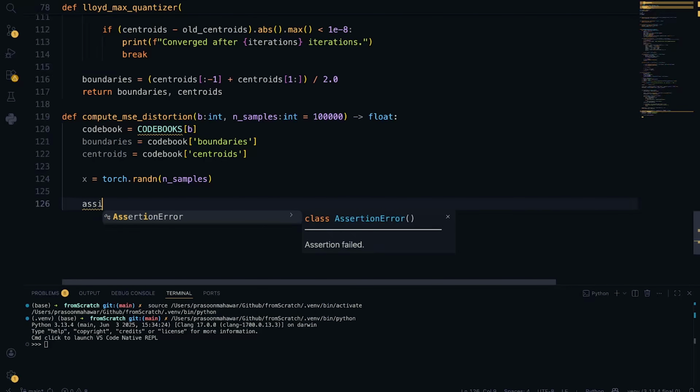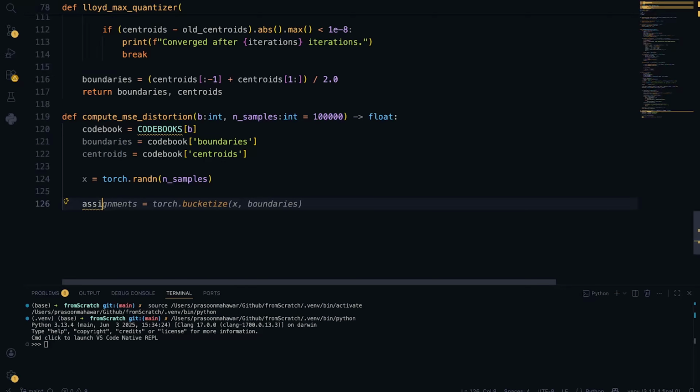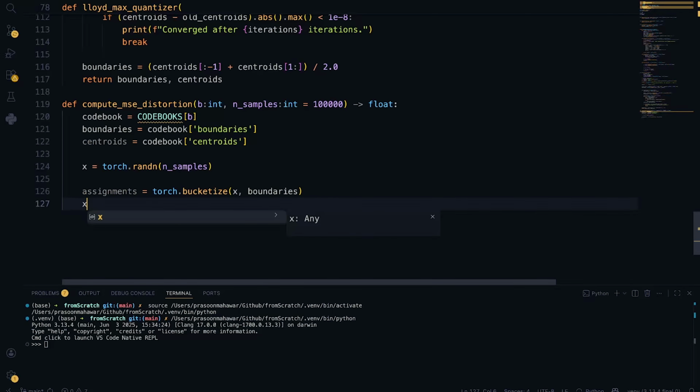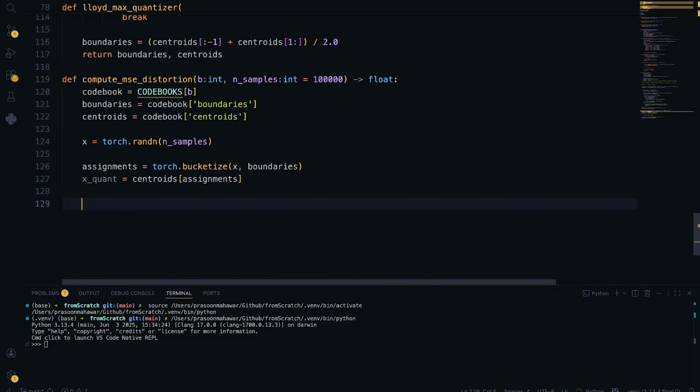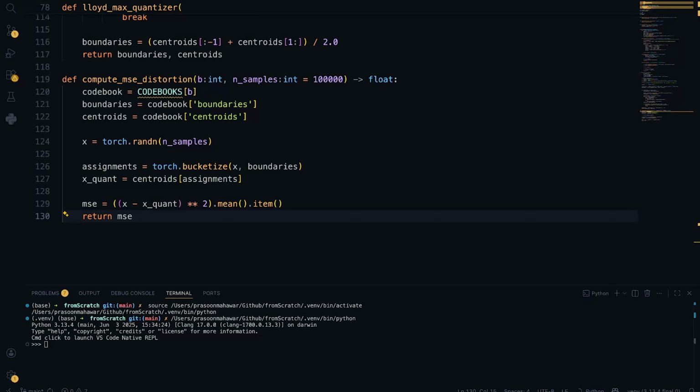So assignments will be equal to torch.bucketize of x comma boundaries, and the quantized value, let's say x_quant, equals centroids of the assignments. And finally the MSE distortion will be equal to (x minus x_quant) to the power of 2 dot mean and item, and we return the MSE. Yeah, we save it. So this was the Lloyd-Max quantizer we wrote.